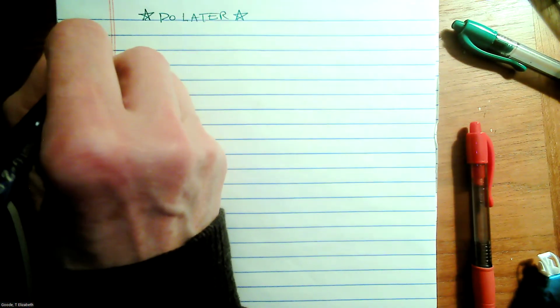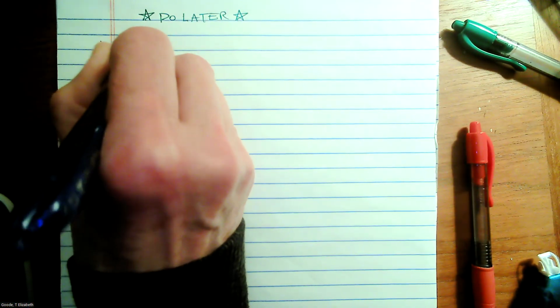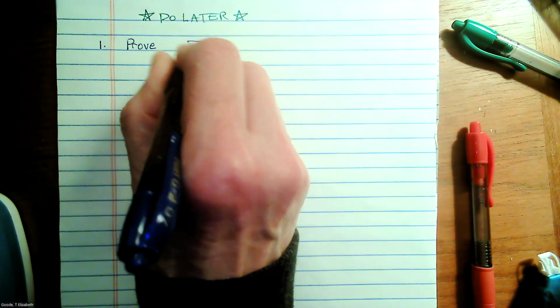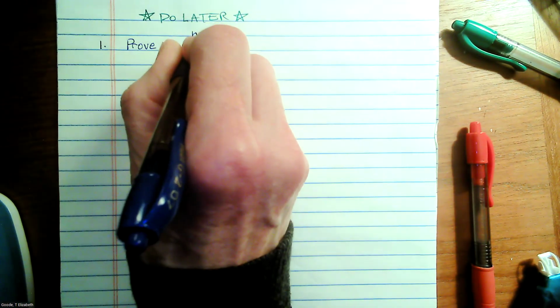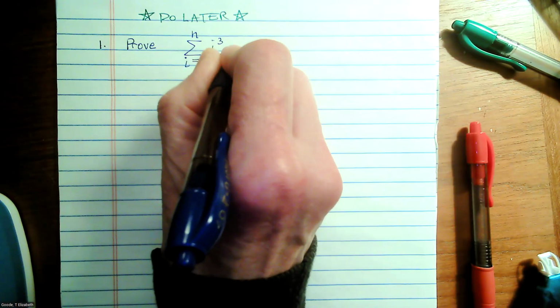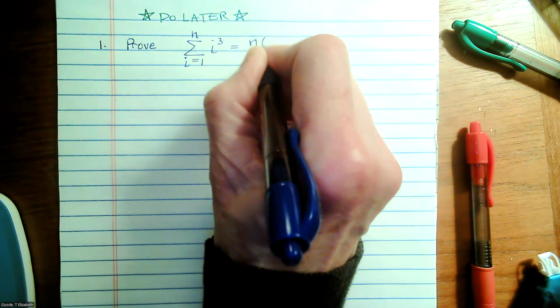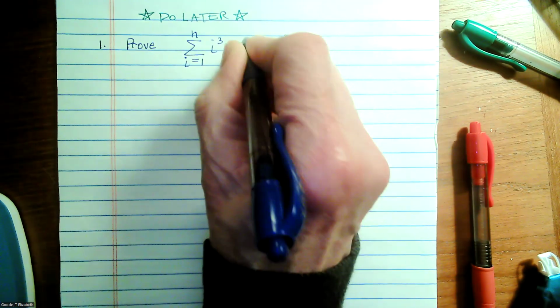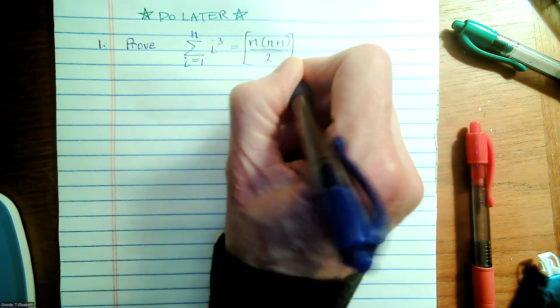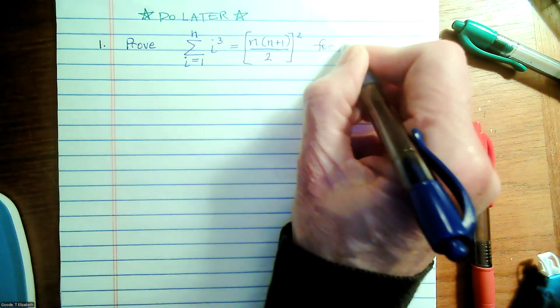So, do later. Prove that the sum from i equals 1 to n of i cubed equals n times n plus 1 whole thing over 2 quantity squared for n greater than or equal to 1.